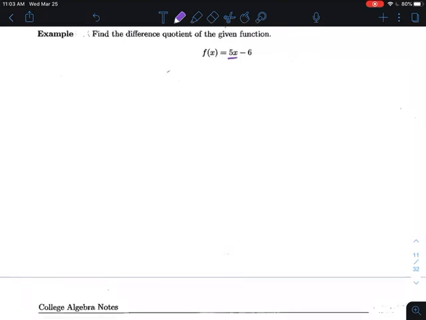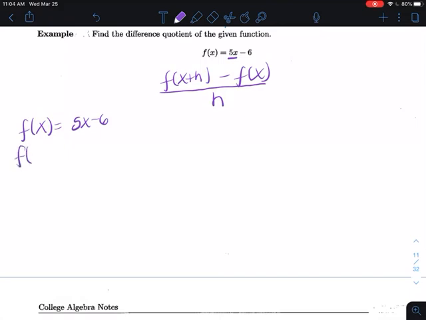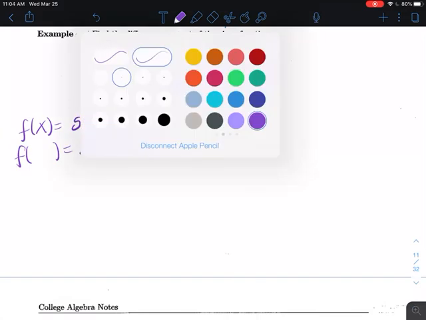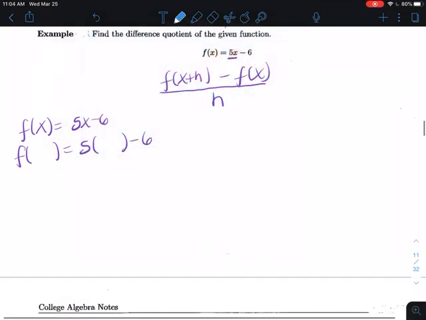All right, so here's the difference quotient again, f of x plus h minus f of x all over h. To find f of x plus h, you start off with f of x, which is 5x minus 6. And then in place of x, you put in x plus h.